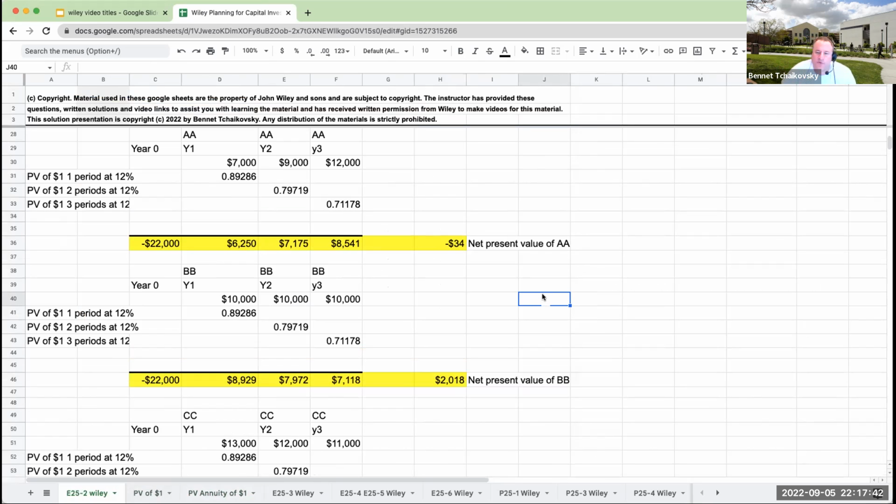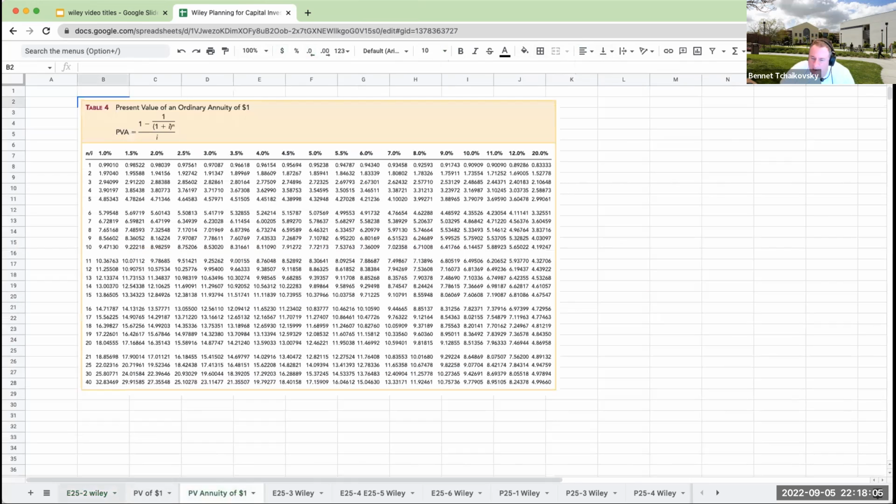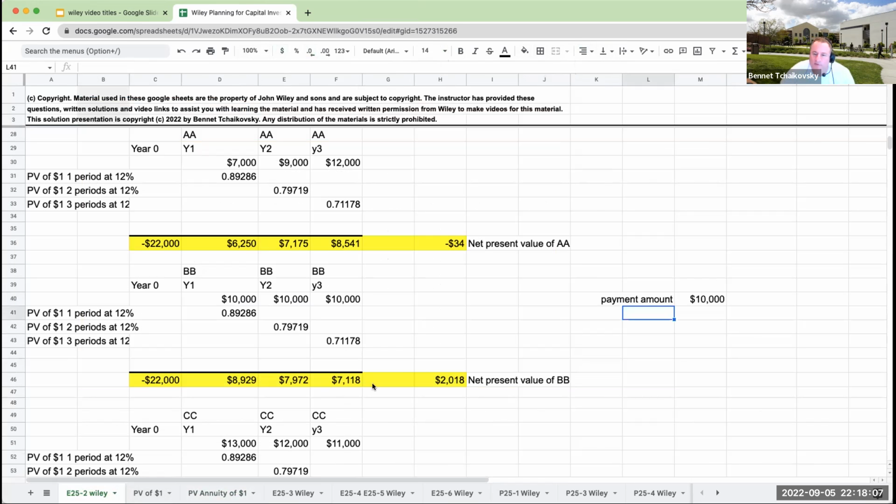So how do I use the present value of an annuity of $1? My payment amount, which is the same every year, is going to be $10,000 right over here. So this is going to be 10 grand. Now, if I use the present value of an ordinary annuity of $1, what I want to know are two things.